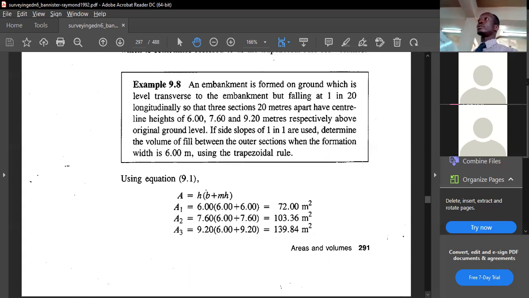So this is above the ground. Embankments above the ground. All right. That's what we are saying.